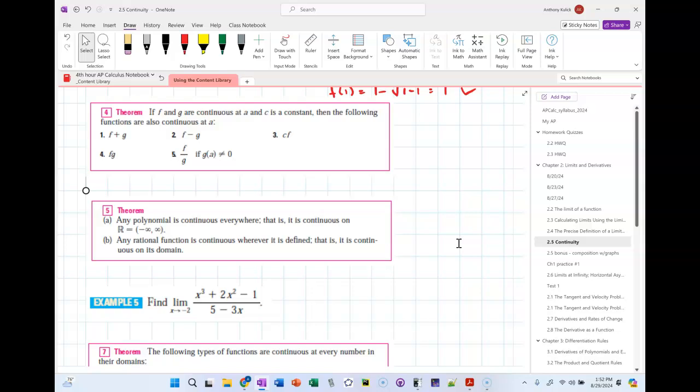Any rational function is continuous over its domain. So again, it's essentially theorem 5, because a rational function is just a polynomial over a polynomial. So it's continuous everywhere except for where the denominator is 0. Okay.